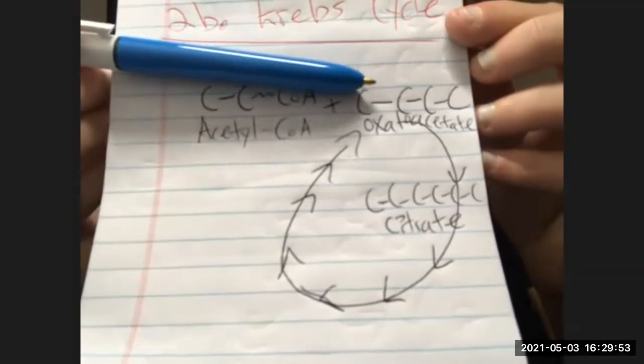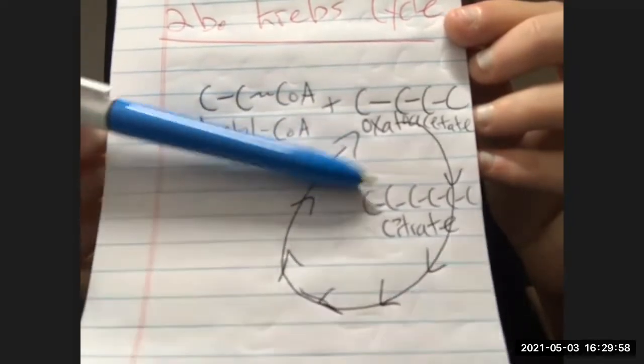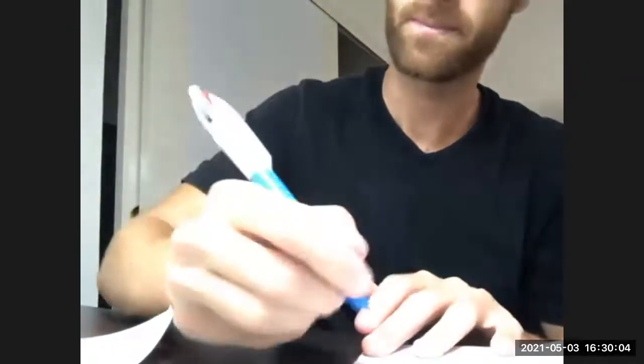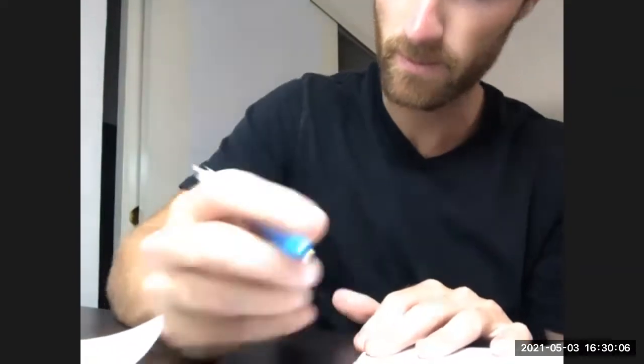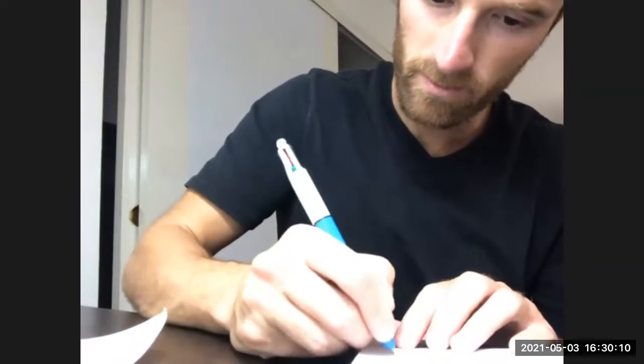And oxaloacetate, again, has 4 carbons. So we've got to lose 2 from citrate, right? In order to get back. So let's do that in green. Okay, check it out.